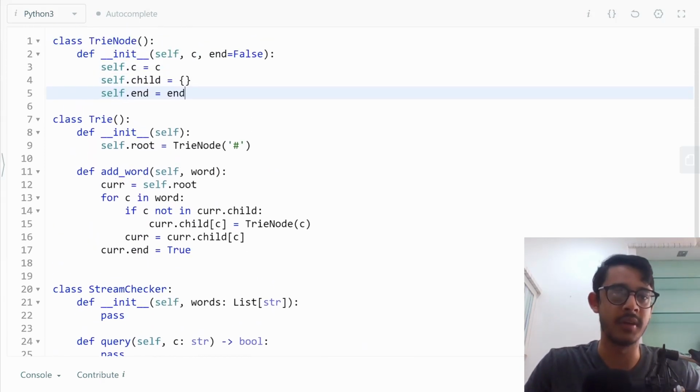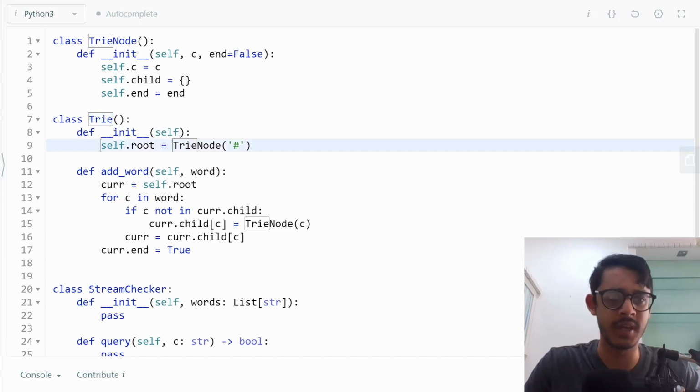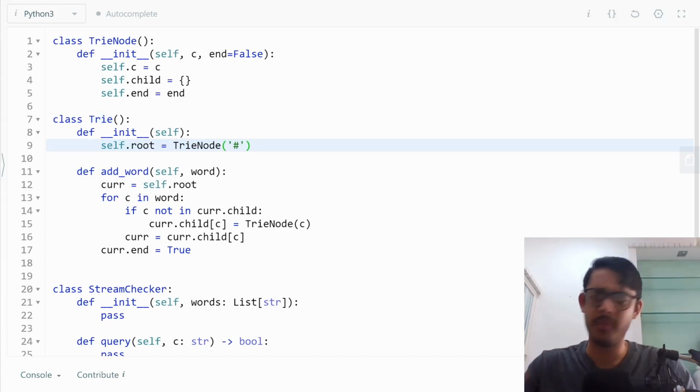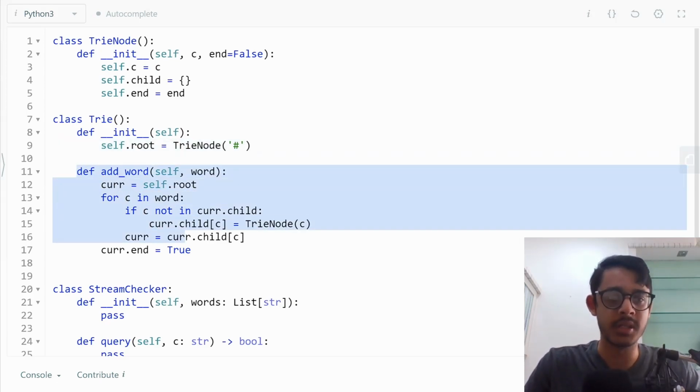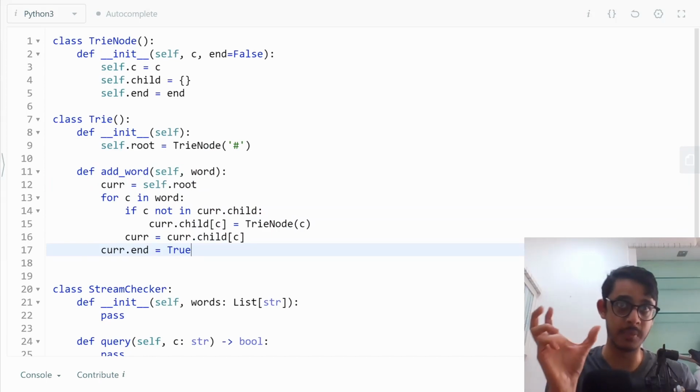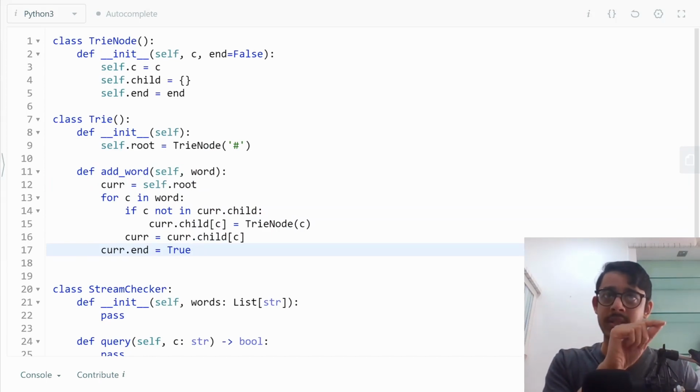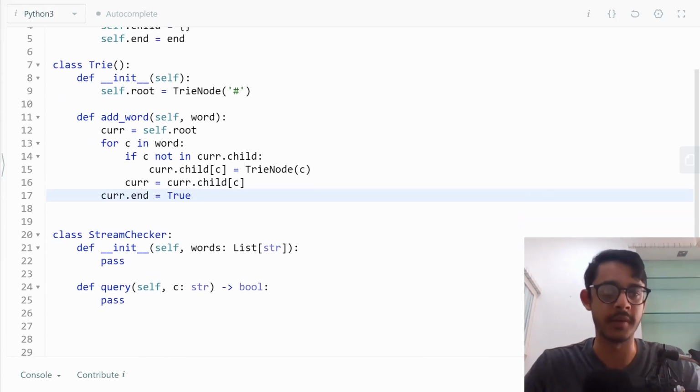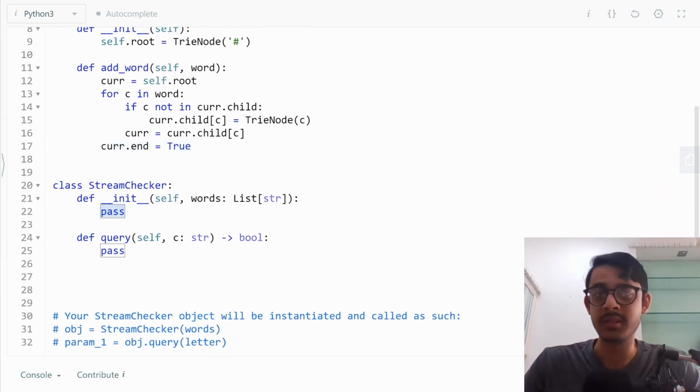All right, then we have the trie data structure with us. So we have self.root as a dummy node, mostly for implementation reasons. I've explained that in the video solution I linked. And then we have a function called addWord, which is going to take the input as a word, iterate over all the characters in the word, and add them in the trie one by one. All right. Now we can actually think about the stream checker function.